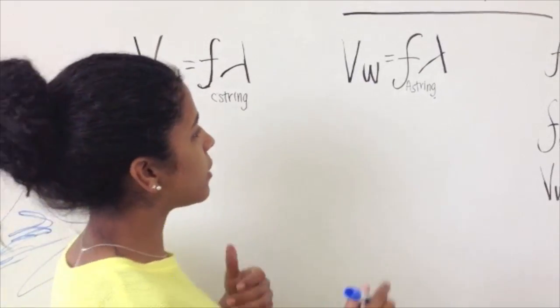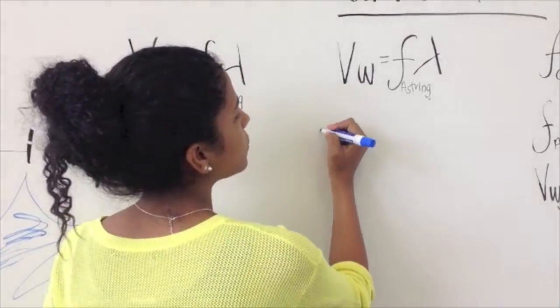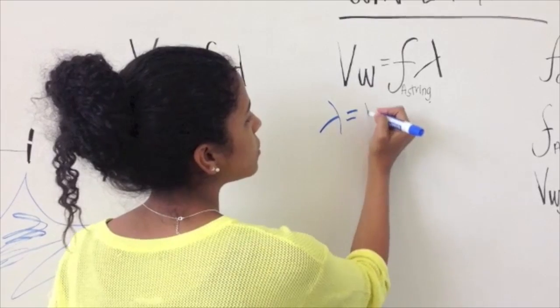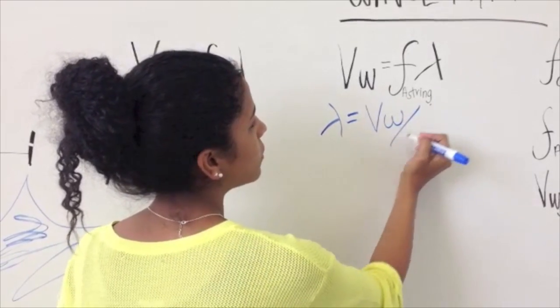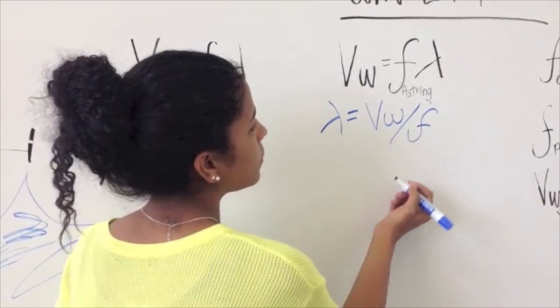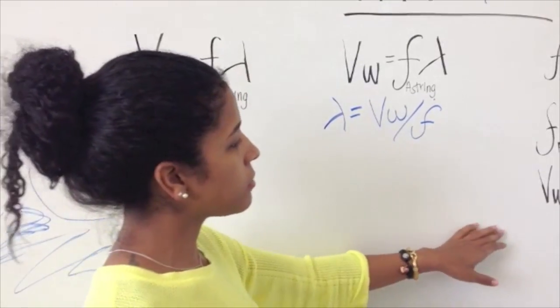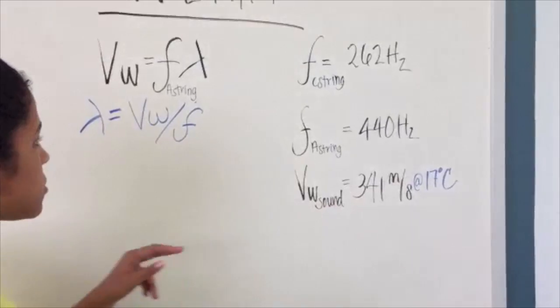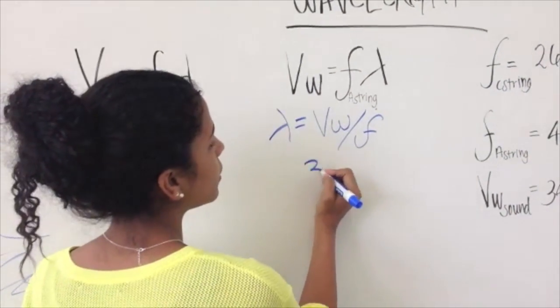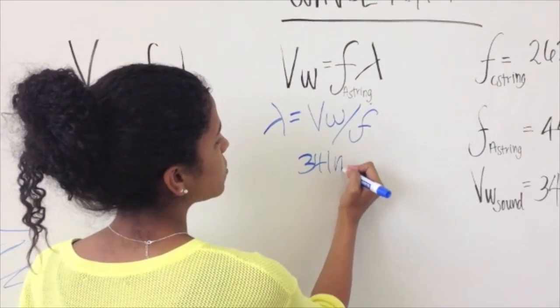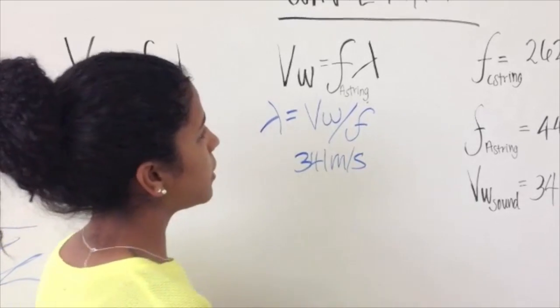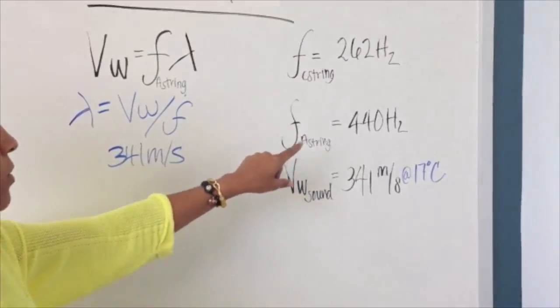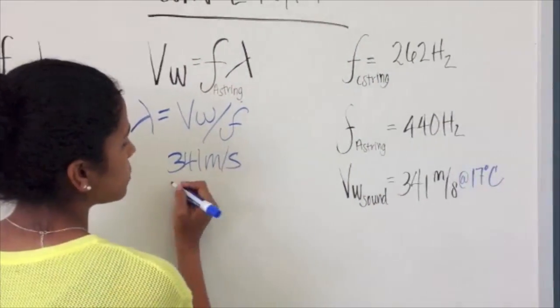So let's go ahead and solve for our variables. Wavelength is equal to the speed of sound over frequency. Earlier, we've already figured out the speed of sound today at 17 degrees Celsius, so we can put 341 meters per second divided by the frequency of the A string, which is 440 hertz.